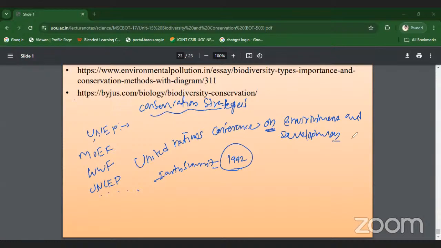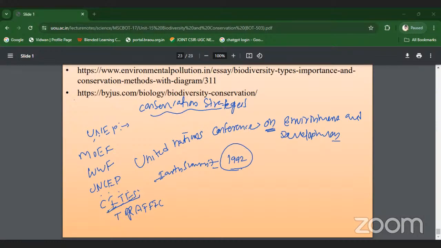Other important international conventions on biodiversity are CITES, the Convention on International Trade in Endangered Species.